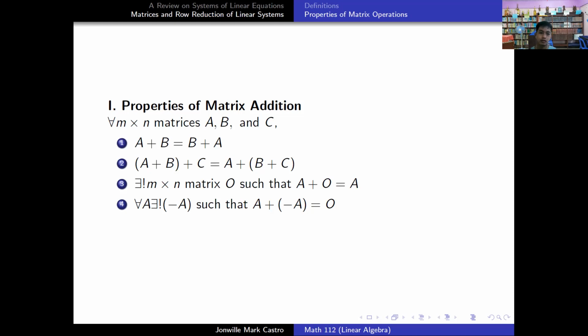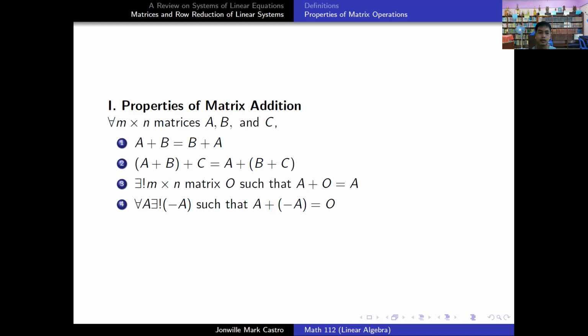A plus B plus C is equal to A plus B plus C. Third, there exists a unique m by n matrix O such that A plus O equals A. So, yung matrix O natin or zero matrix, pag in-add natin siya to any matrix A, we still get A. Okay?